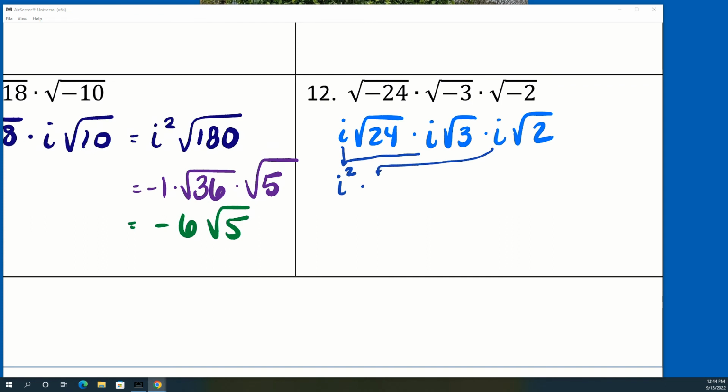And then I'm going to multiply that by another i. That is kind of weird. Right. And then for the square root, I'm going to do 24 times 3 times 2, which ends up being 144.